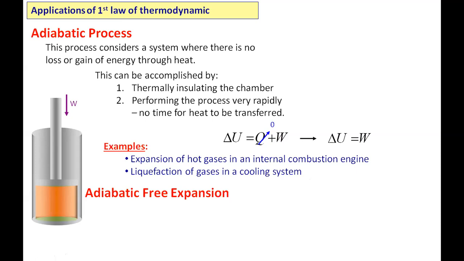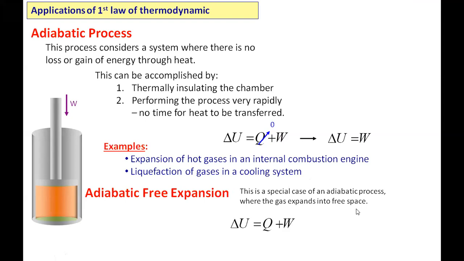And we have another application in adiabatic free expansion. Adiabatic free expansion is a special case of an adiabatic process where the gas expands into free space. This means delta U equals Q plus the work, but Q equals 0 and also the work equals 0.